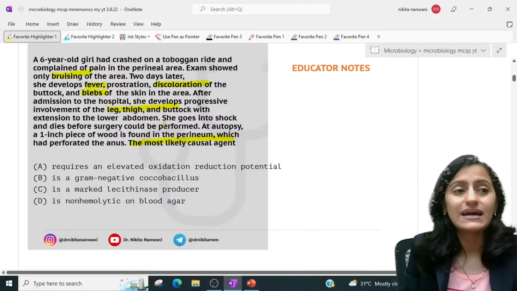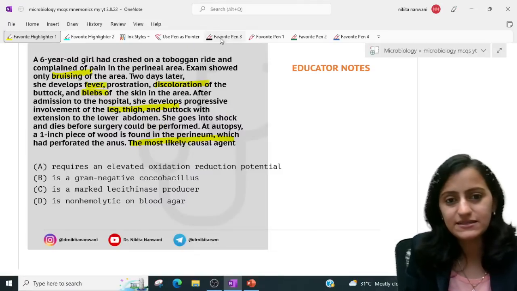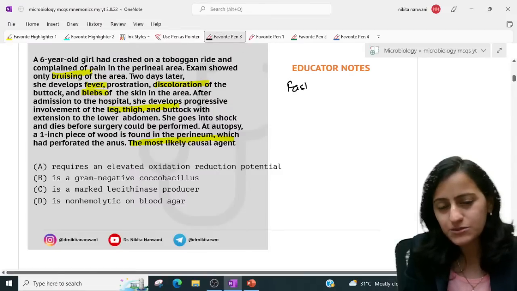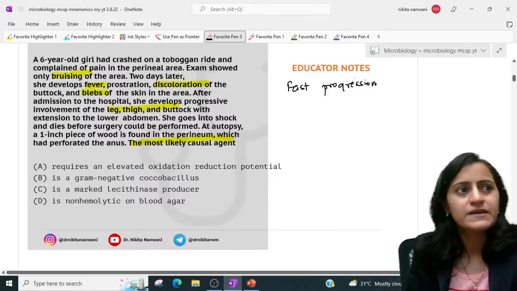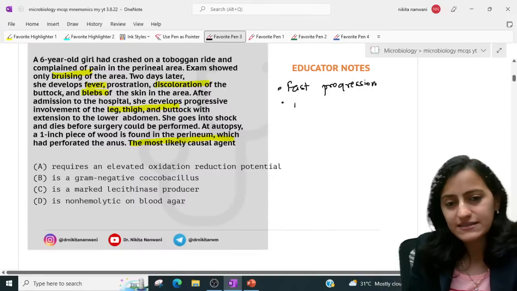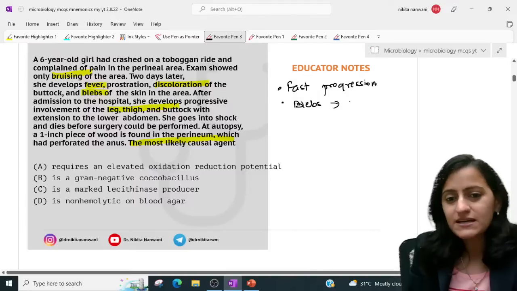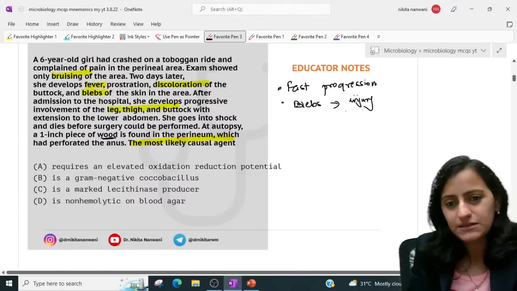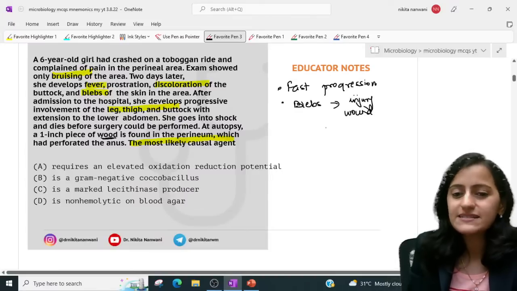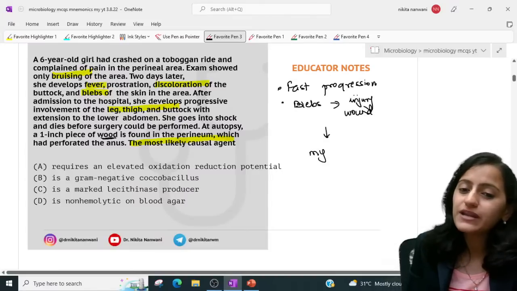And then she died. That means basically this is a fast progression is what we are seeing here in this case. And apart from that, the discoloration and the blebs after the injury with a piece of wood in the perineum, this is highly suggestive of myonecrosis.